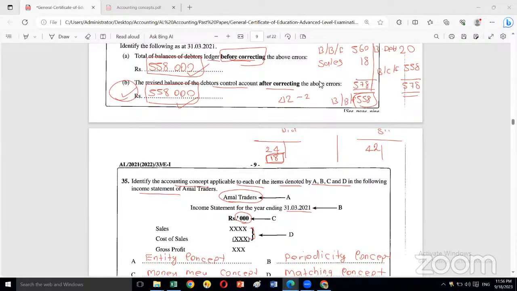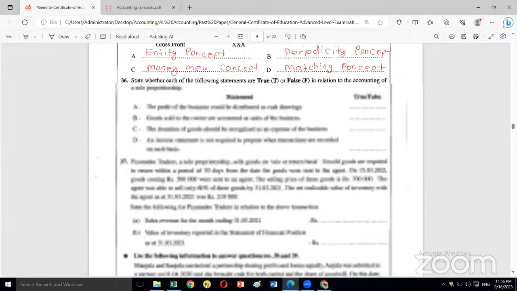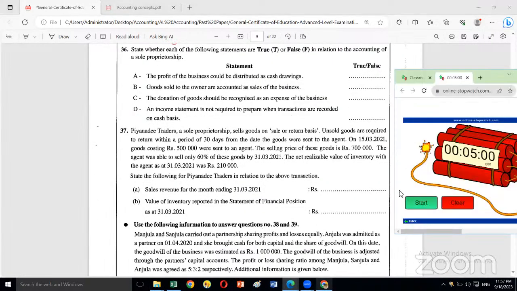Okay. Done? Fine. So now quickly do the question number 36 and 37, Buddha. I'll start the timer. It's very easy. 5 minutes is too much. Quickly do it. Sale or return basis. Easy.